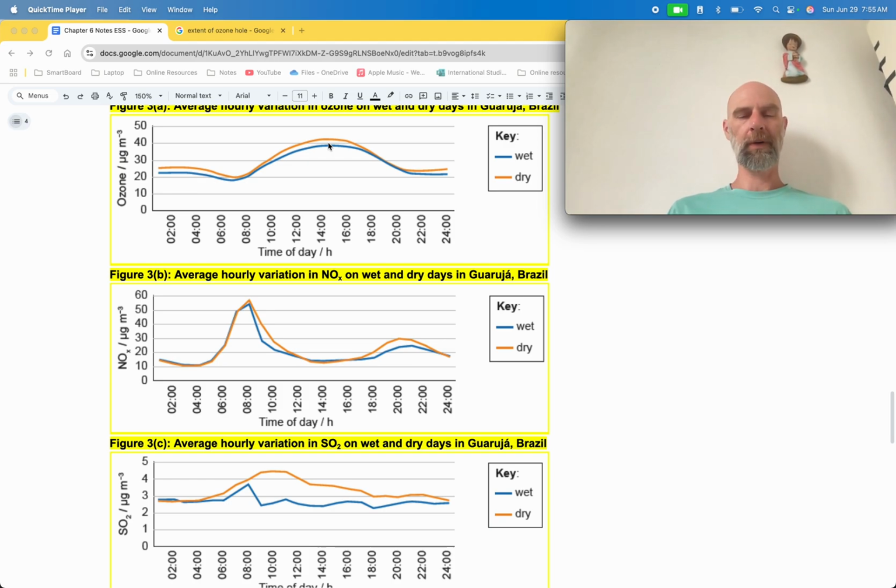Solar radiation just promotes ozone production, when you got sunlight and the heat. Traffic is also highest right around then. That's when people are going home. Also, that's when factories are producing stuff as well. And the temperature definitely has a link with the ozone concentration. All right, next question.